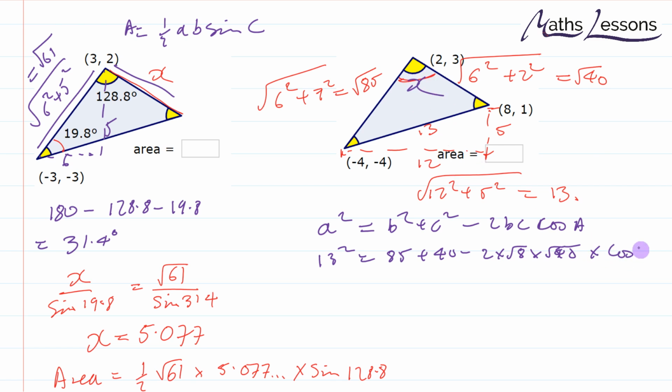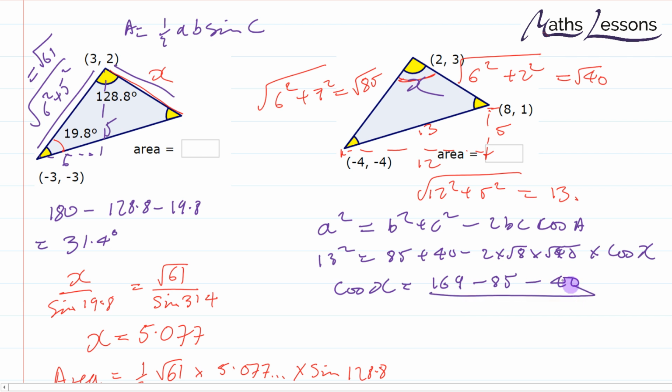Okay, cos x. So if I rearrange this to get cos x, I'm going to do 13 squared, which is 169, minus the 85, minus the 40, and then I'm going to divide by minus 2 times root 85 times root 40. Lots of people forget this minus here. And then I can put that all into my calculator.